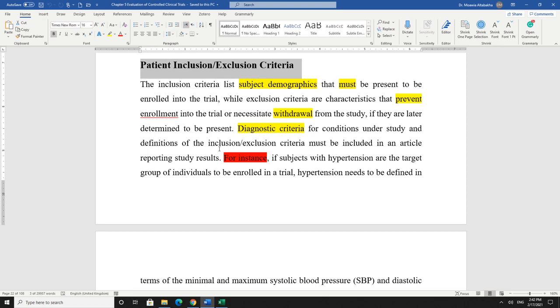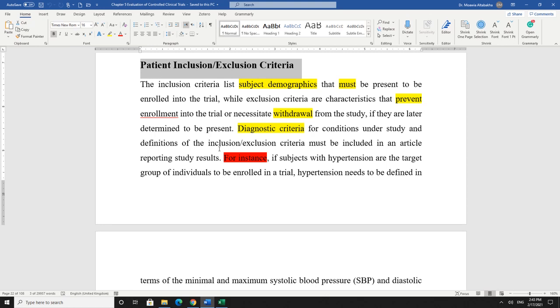So exclusion criteria are applied to subjects who want to get into the trial, and if they met the inclusion criteria and the exclusion criteria were not there in them, and later on these exclusion criteria develop, then I have to withdraw them from the study.